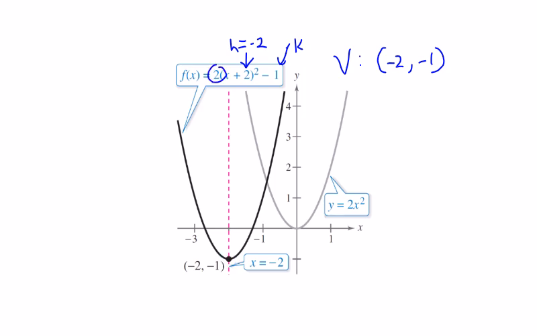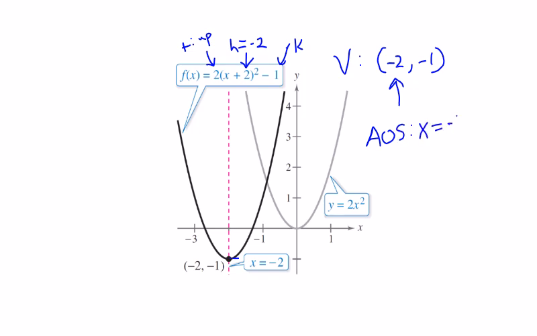And then we can see a on the outside is positive 2, and that means it's going to be facing up, as opposed to down. We can also see it's a vertical stretch by a factor of 2, so it's a little narrower than the original. And so then we could just graph it up. Again, like I told you before, whatever h is, the axis of symmetry is always x equals that.